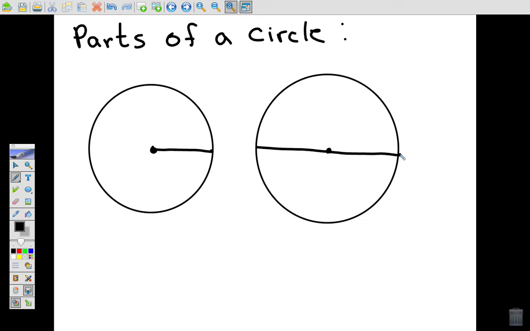Let's go back to the left one. The part that connects the center to the edge is called the radius. The radius is simply what I stated before: a segment that connects the center to the edge of a circle. The part that goes through the circle and splits it into two equal parts, this whole segment, is called the diameter.